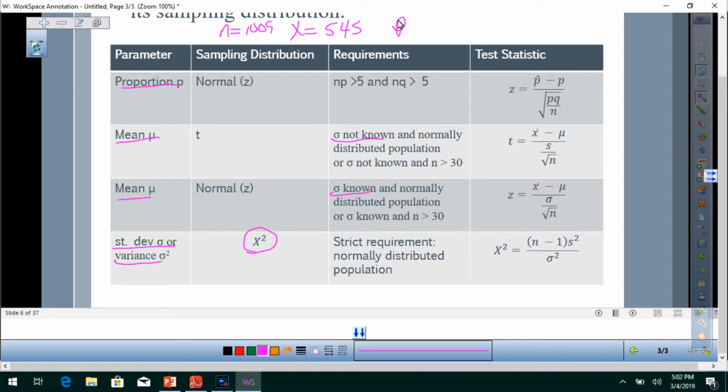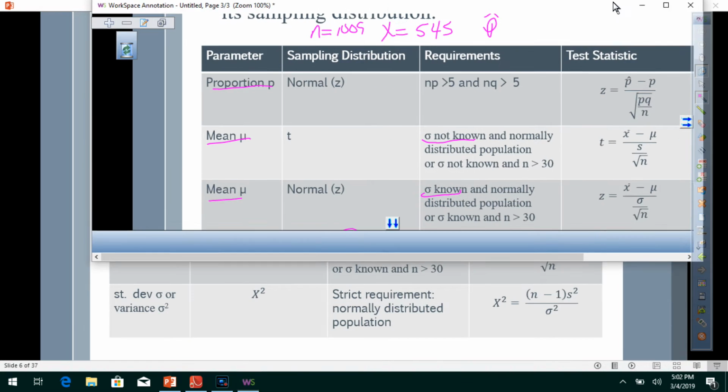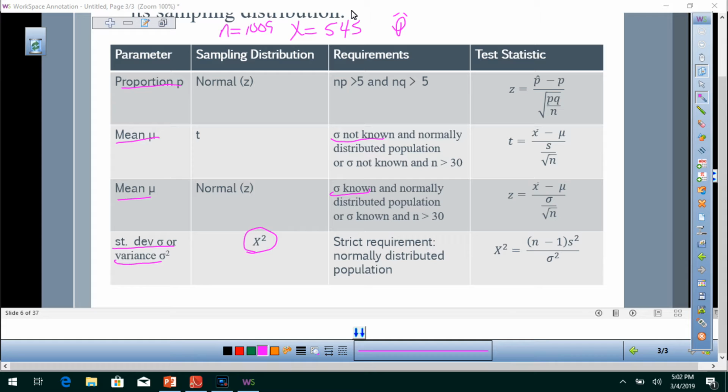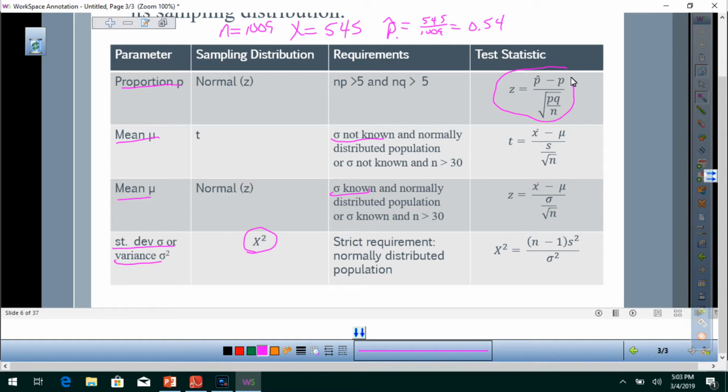So our p hat is going to be 545 divided by 1009, which is 0.54. And then here is the formula that we're going to use.